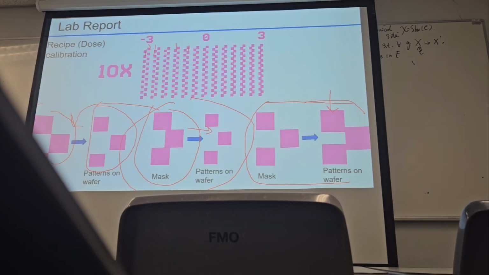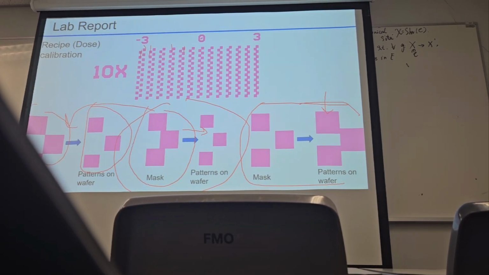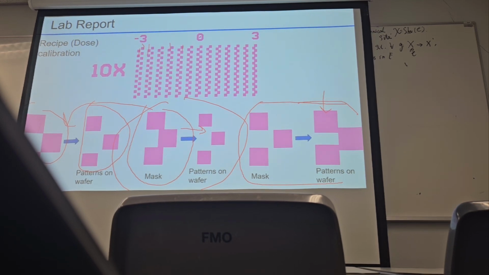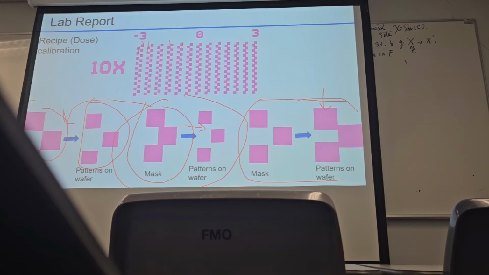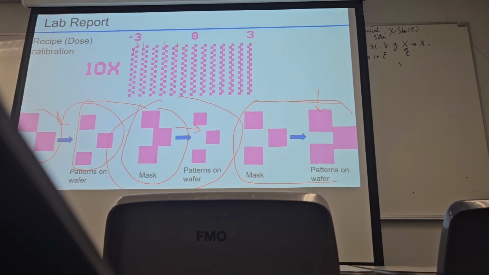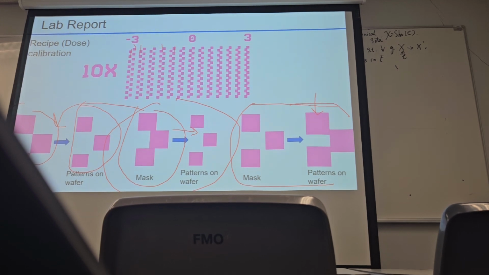I found it confusing to determine over and underexposed for the pattern, because it is directly reversed for dark field and light field. I agree that it is based on the type of mask and also the type of PR.